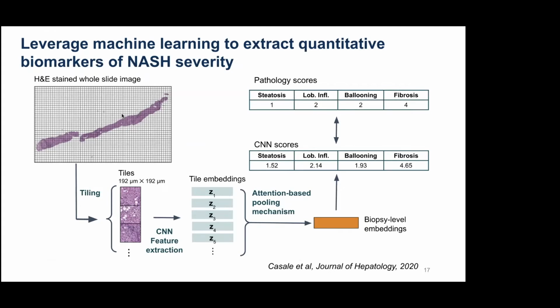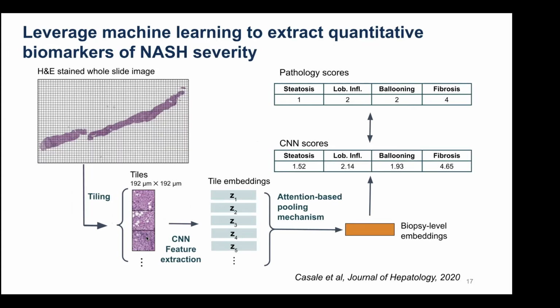These images are huge, and people typically deal with these huge images by breaking them into tiles. The other big challenge is that there's a lot of heterogeneity within a slide. And so one really needs to give the model the flexibility of focusing on a specific part of the biopsy in order to be able to predict the pathology scores accurately.